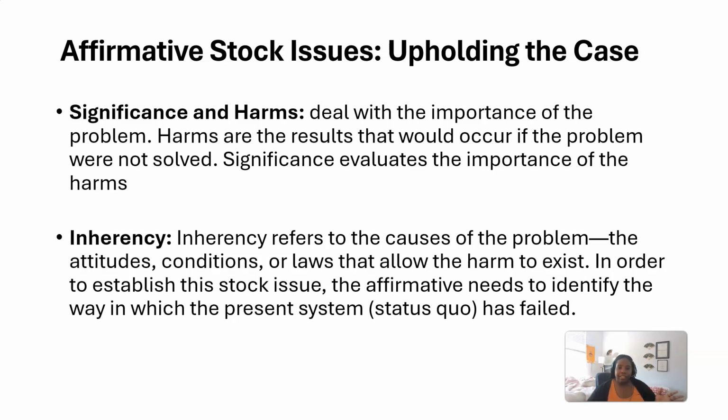Then we have inherency. What are some inherent conditions, whether in the law or in policy, that allow these harms to exist? How has our present system, or status quo, failed?